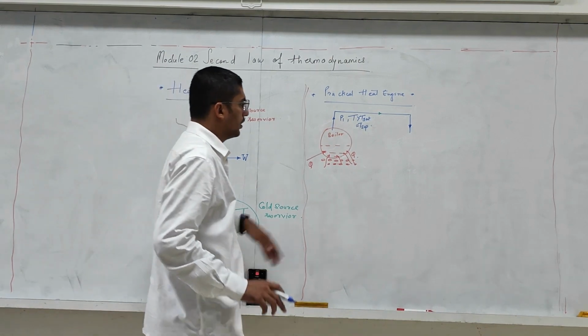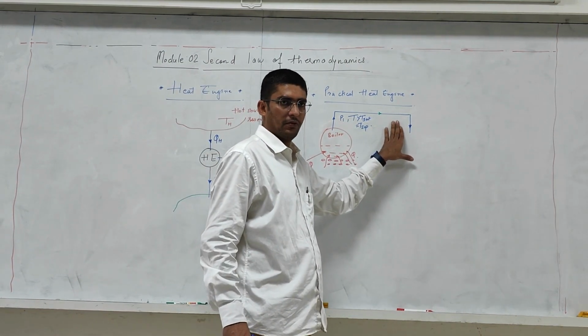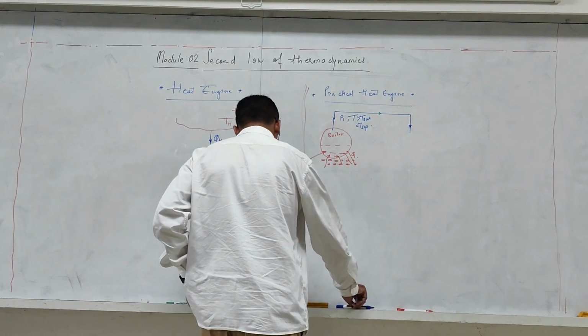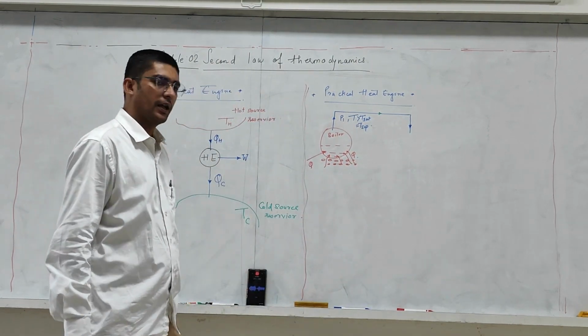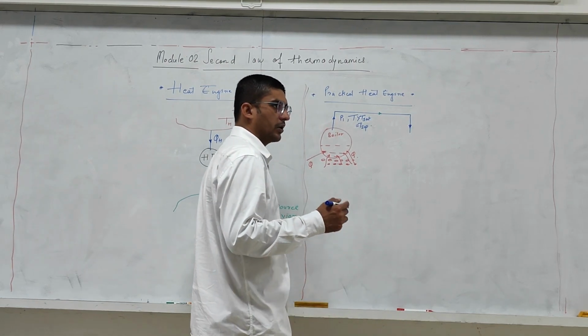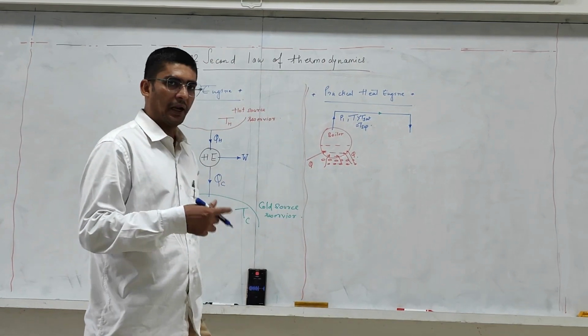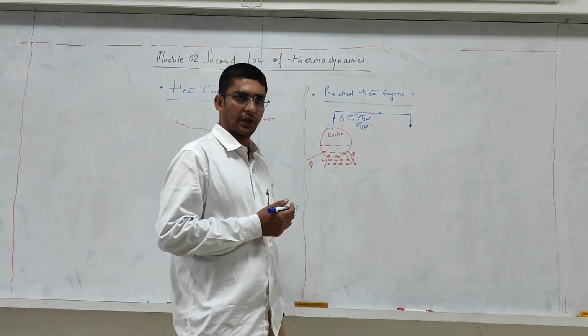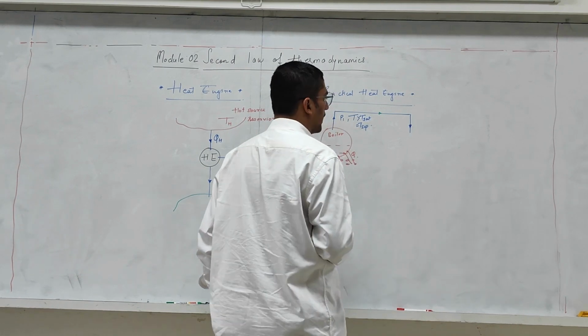So the pressurized steam at a temperature much greater than the saturation temperature enters the turbine, and the turbine has blades. This pressurized steam hits the blades and they rotate.